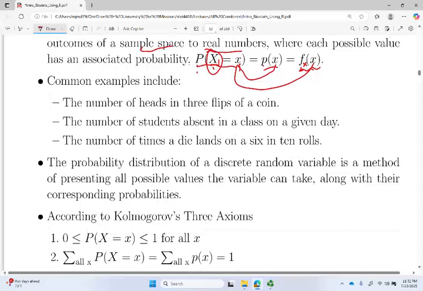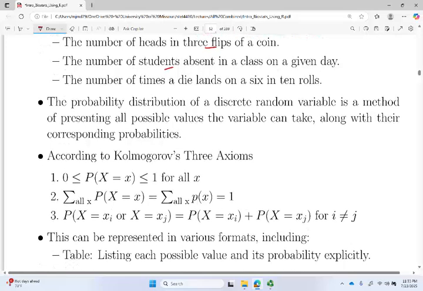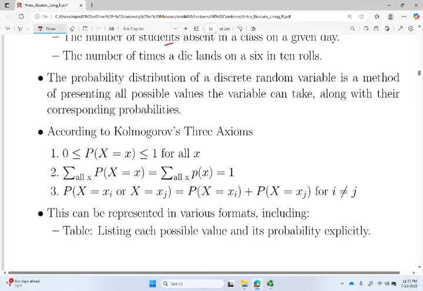Some common examples: the number of heads in 3 flips of a coin, the number of students absent in class on a given day, the number of times a die lands on a 6 in 10 rolls. Those are all discrete random variables. Now, the probability distribution of a discrete random variable is some way to present two things.